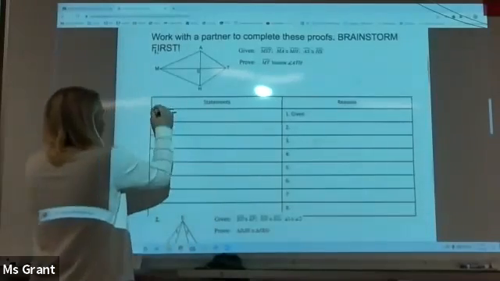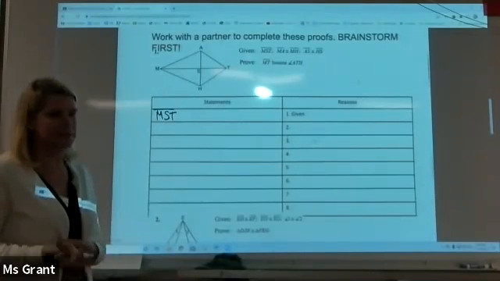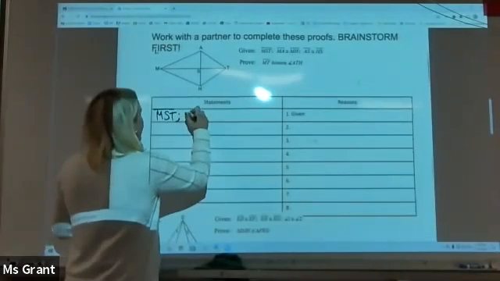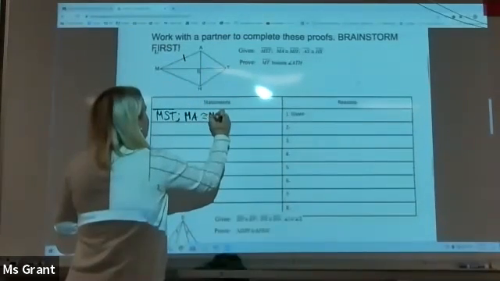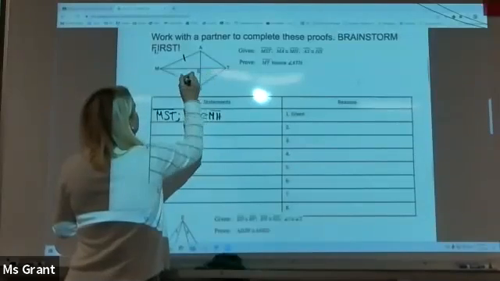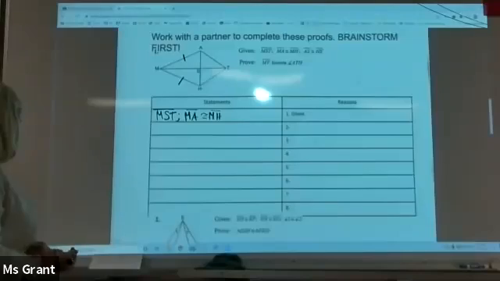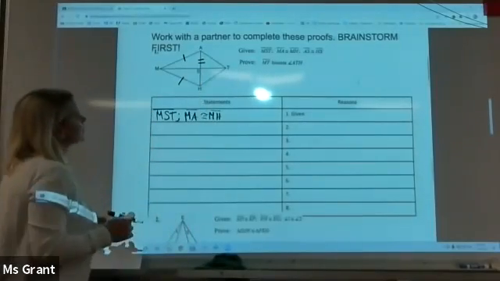So MST exists. They're just saying it's there. It's a line. Okay, which obviously we knew, but that's fine. They can say whatever they want to say in the proof. MA is congruent to MH. All right, so that's good. AS is congruent to HS.